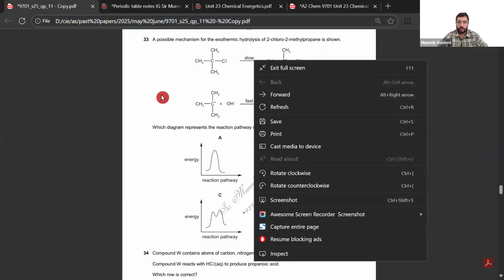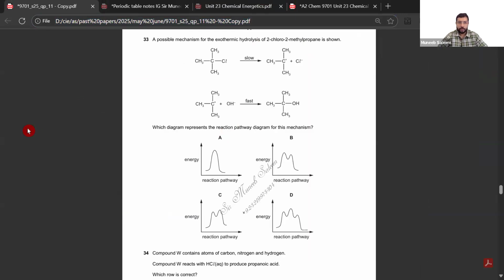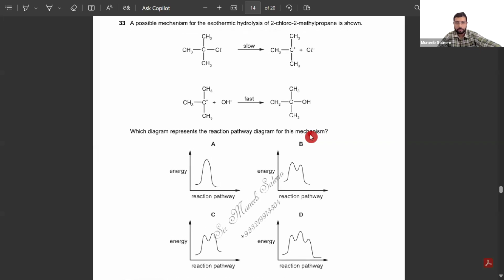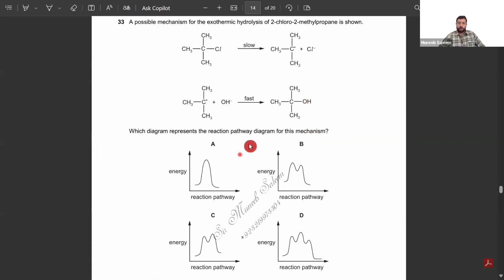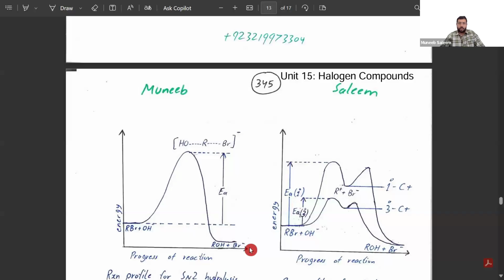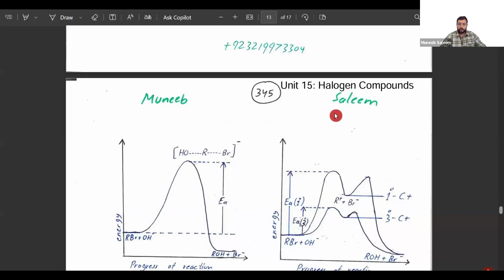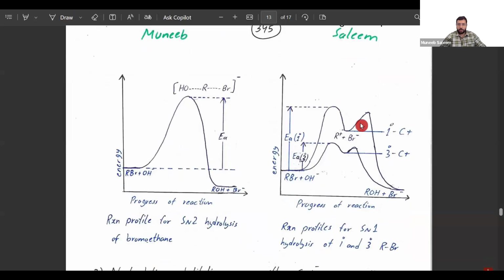For this purpose, if you remember the theory behind this, I will be showing the graph for this theory from my AS lecture notes.